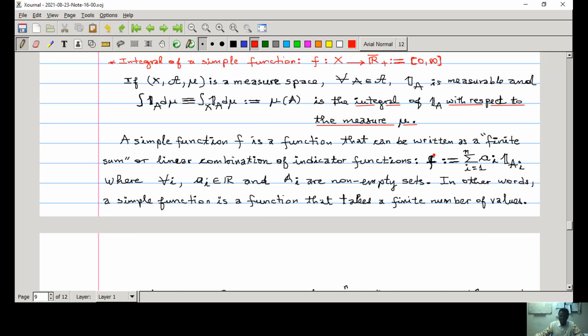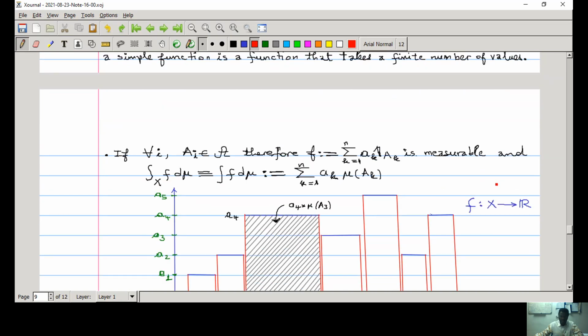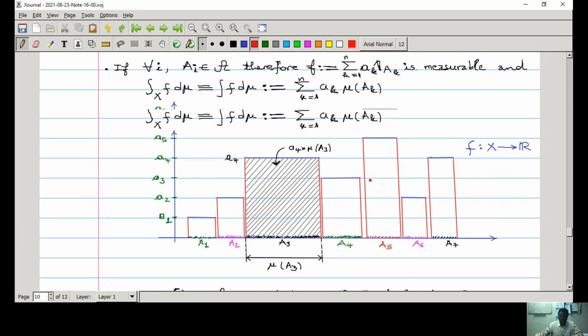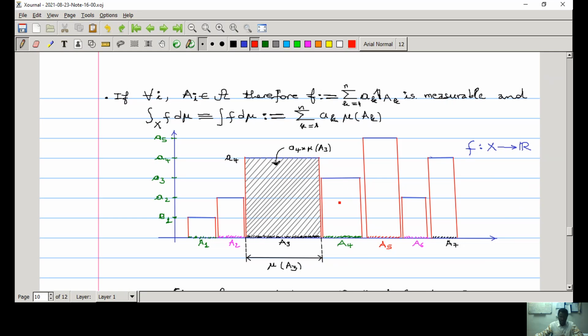So the integral of f will be the sum of a i times the integral of the indicator, which will give you directly the measure. Anyway, you don't need to do that. The best way to look at it is just to represent the simple function graphically, as you can see here.